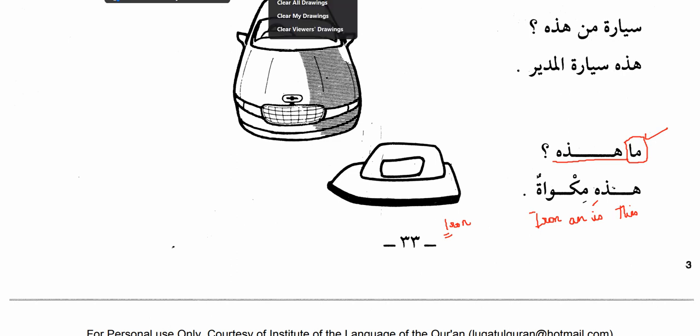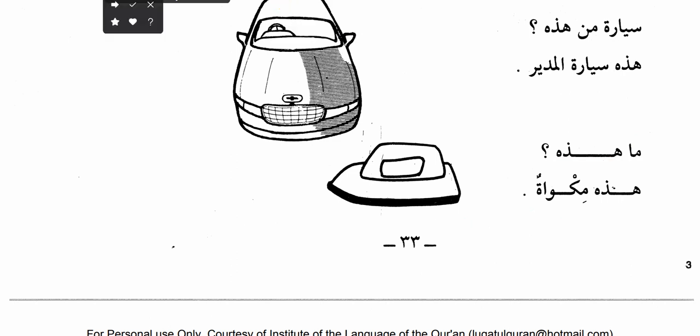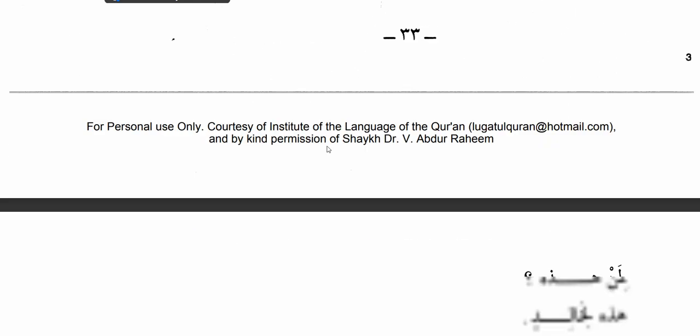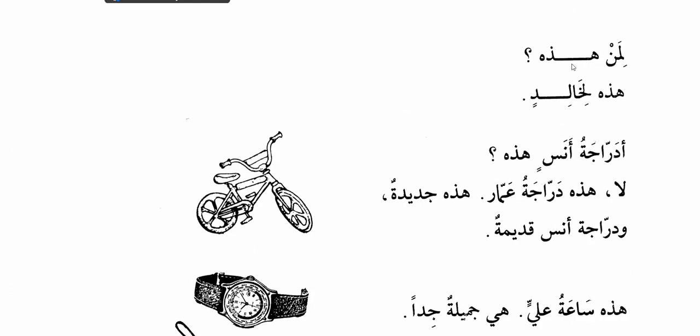So let's see the next thing here. Liman hadhihi. Now the questioning tools are changing very fast. These are all the questioning tools coming in questions like these, like liman, ma, man. So liman is a mixture of harf jar li plus man.